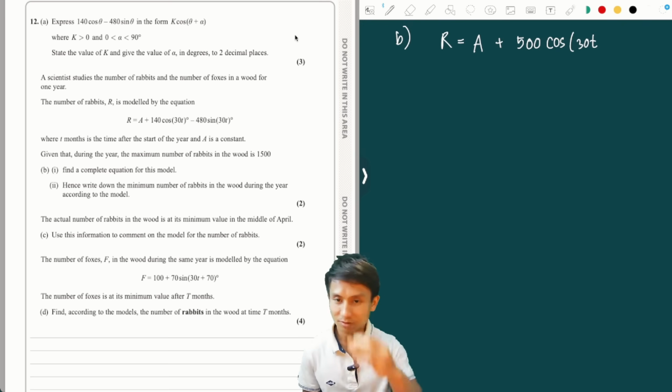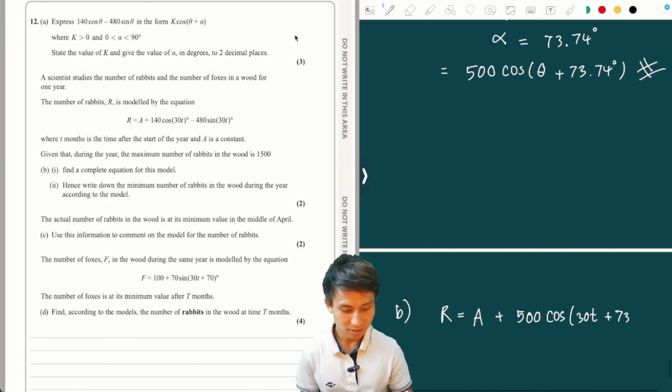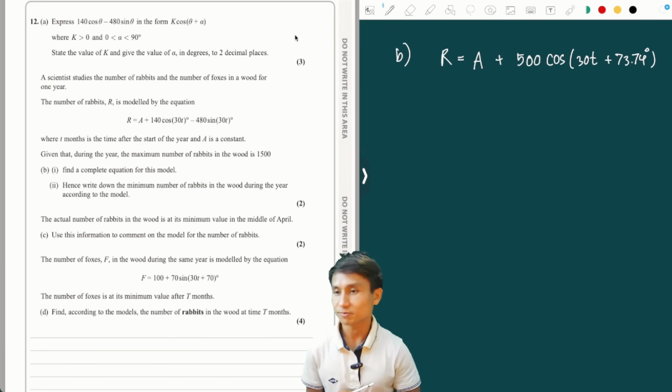Just compare the form there. And plus the alpha, which is still the same as 73.34, right? That's just the substituted harmonic form.